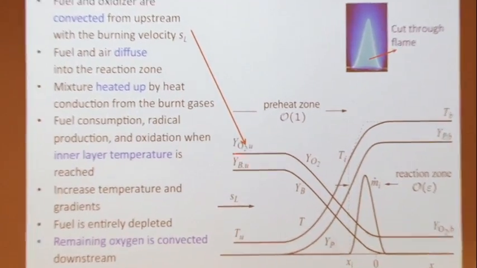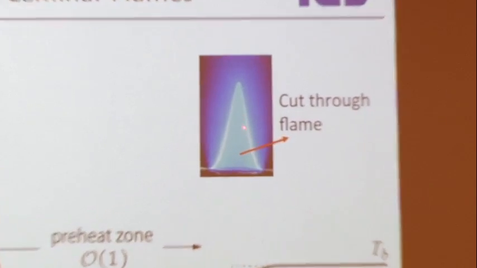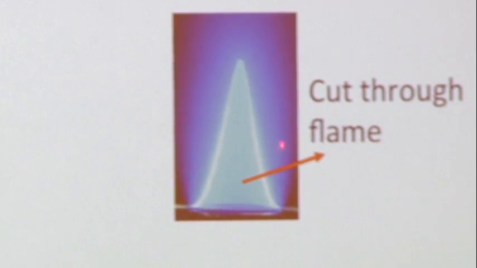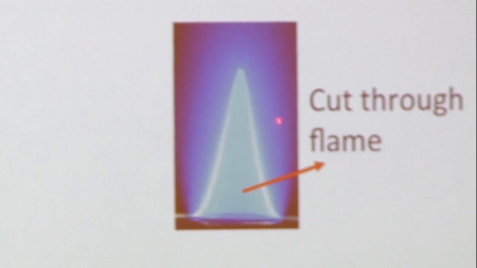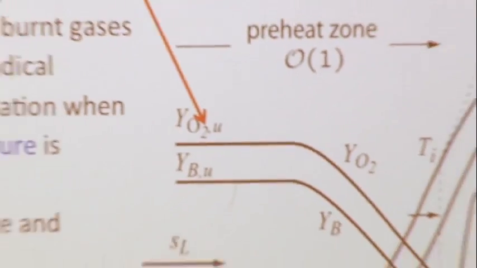So you have in the premix flame, let's say you have a fuel air mixture here in the center, and then you have a flame burning into this fuel air mixture, and then you have hot combustion products behind the flame. In a one-dimensional setting, this is how this would look. You have the fuel and the air.